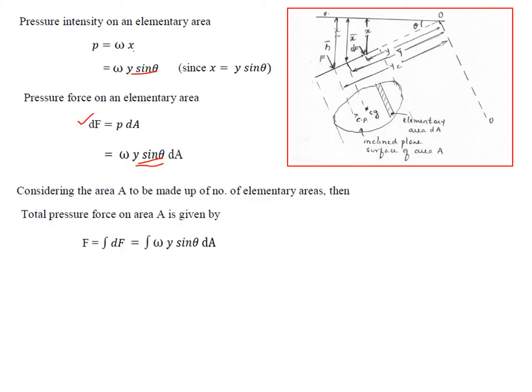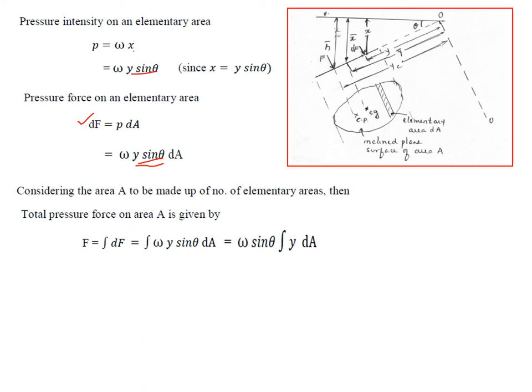So substitute here. Now you know that omega and sine theta are constants, so they are taken out of the integral sign. But here, dA into y: dA is the area, y is the distance, so it is the first moment of area. The integral will give the summation of the first moments of area, that means a1 y1 plus a2 y2 and so on, which is the definition of y bar.